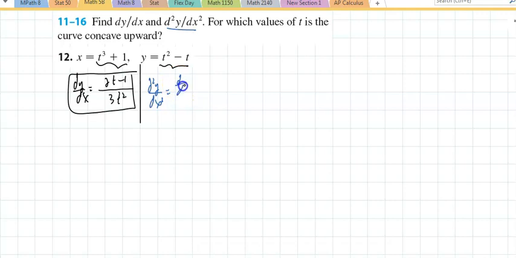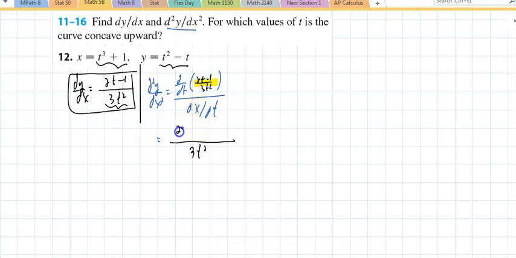That is d/dt of what I got over dx/dt. So d/dt of (2t minus 1) over 3t squared, over dx/dt. If you didn't manipulate this, if you didn't simplify at all, then it's right there. And if I want to take the derivative of this, I could split that up. You know, I could say that's 2t over 3t squared, but it doesn't really matter.